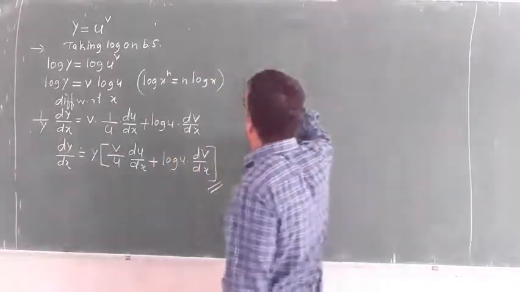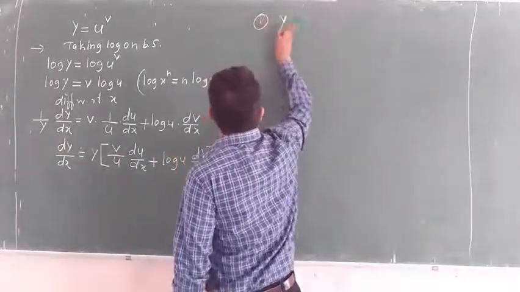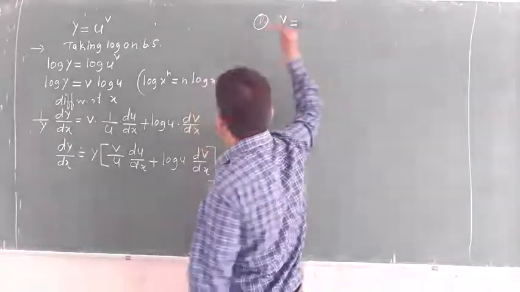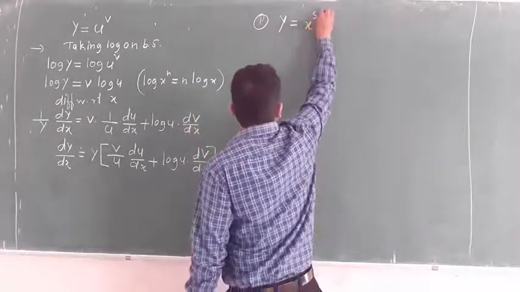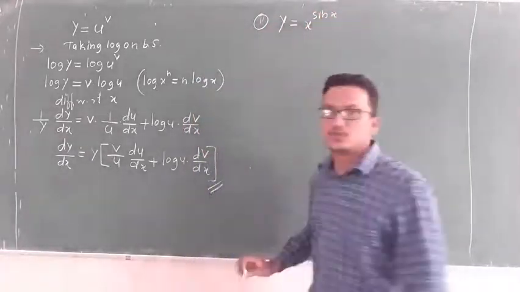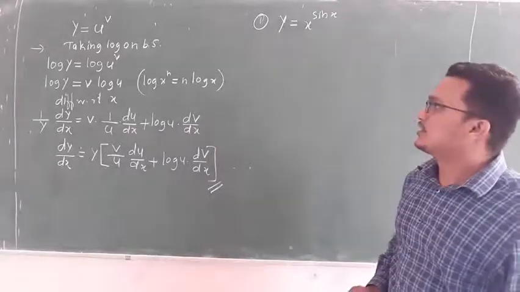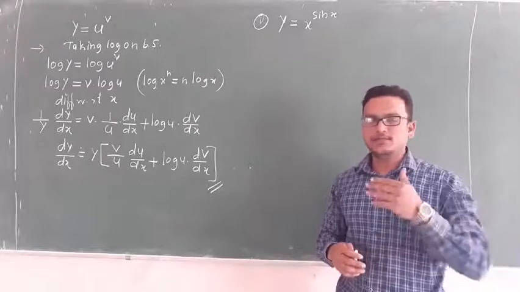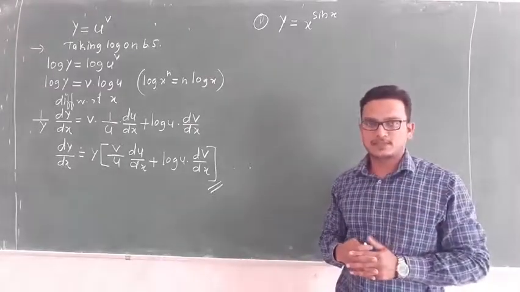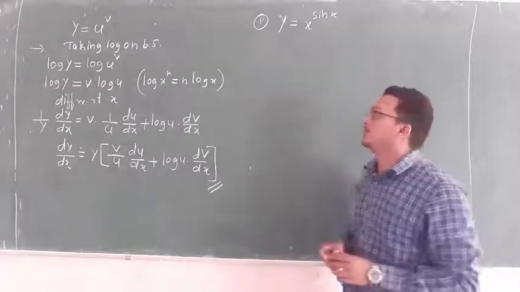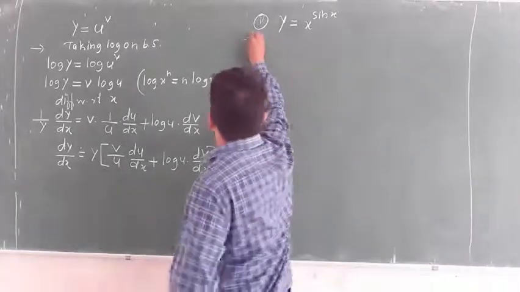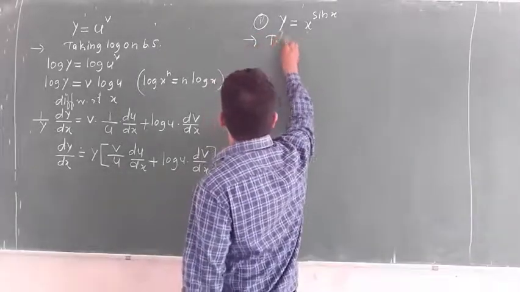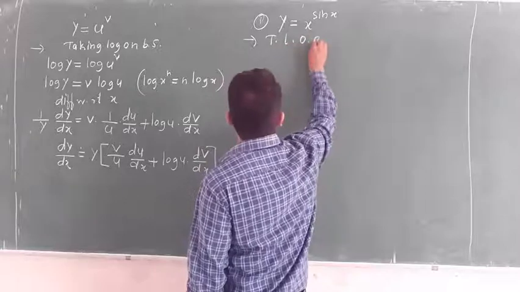First example: y is equal to x to the power sin x. I am not going to solve all the examples, but I will solve some different types of examples using the same method. First we write, taking log on both the sides.